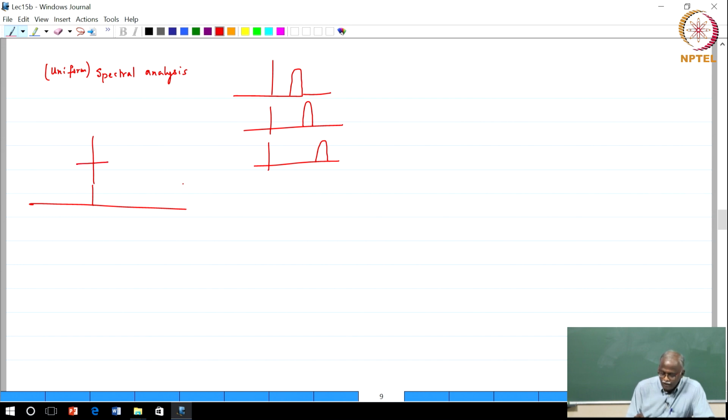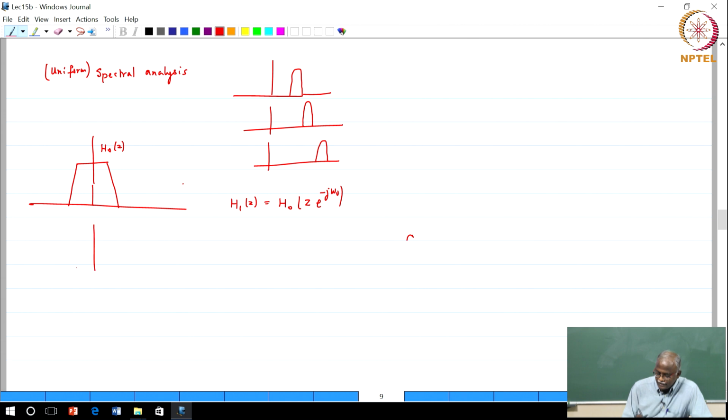So, if my first filter, let us call that H naught of Z, has got this particular shape, then the next filter would be a shifted version of this. In other words, I would want to apply the following form: H1 of Z would be H naught of Z e power minus j omega naught.